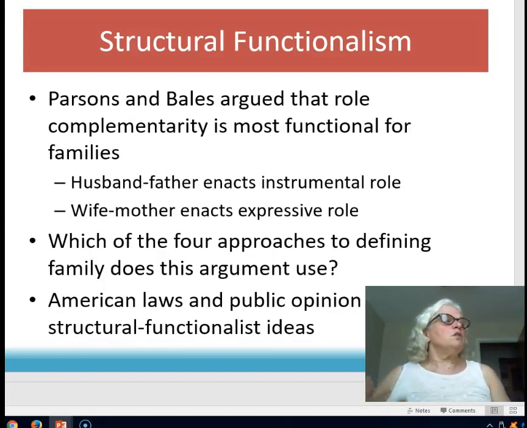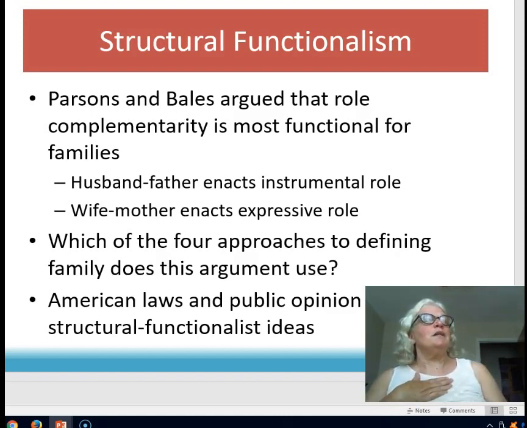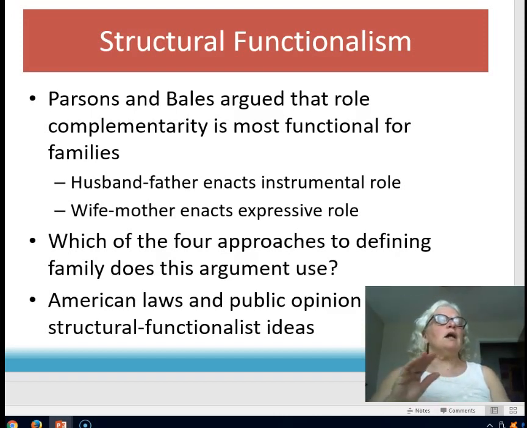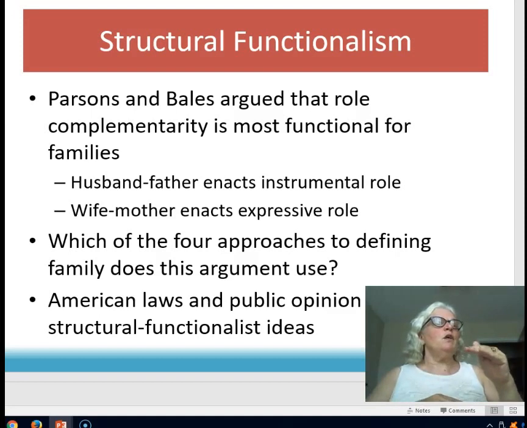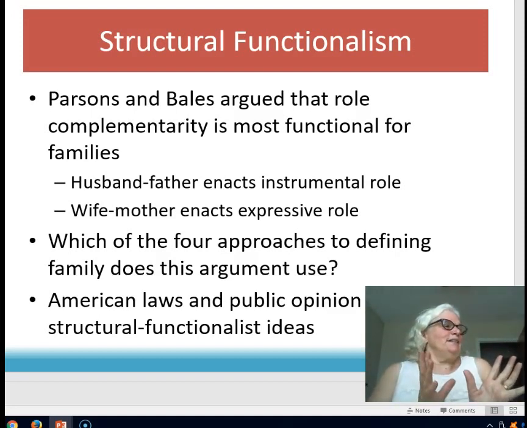Now, multiple theorists work here, and Parsons is one of those. If you take medicine later, you'll hear Parsons' name again. They argue that complementary roles are the most functional for family, that fathers interact in an instrumental role and women interact in an expressive role. They see this as pulling the family together as the best way, and that these things need to be in place.